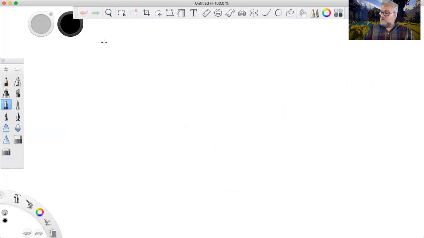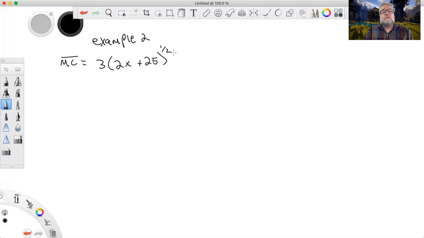Okay, so this is example 2 in the text. The marginal cost is equal to 3 times 2x plus 25 to the 1/2. I bet it probably said 3 times the square root of 2x plus 25, but I'm just used to getting rid of radicals and making them exponents.